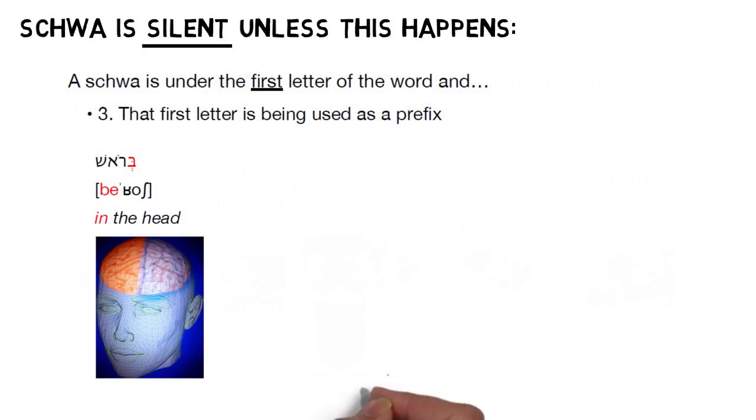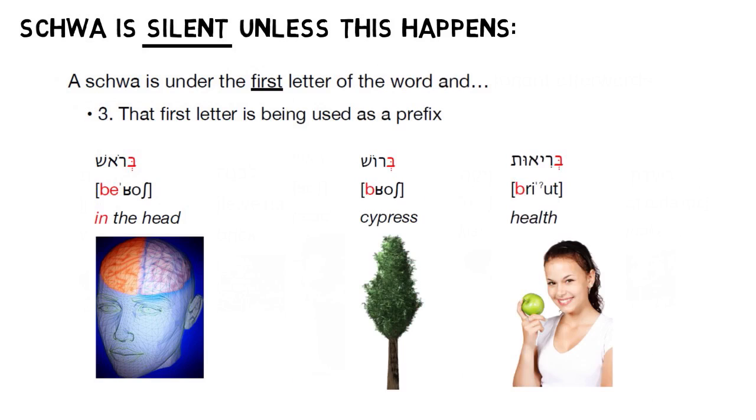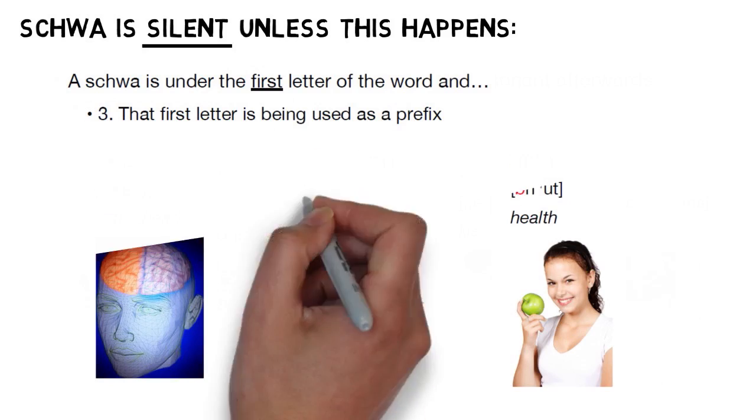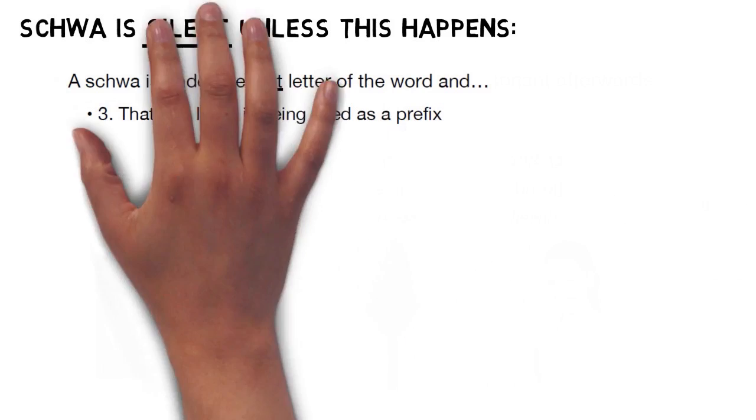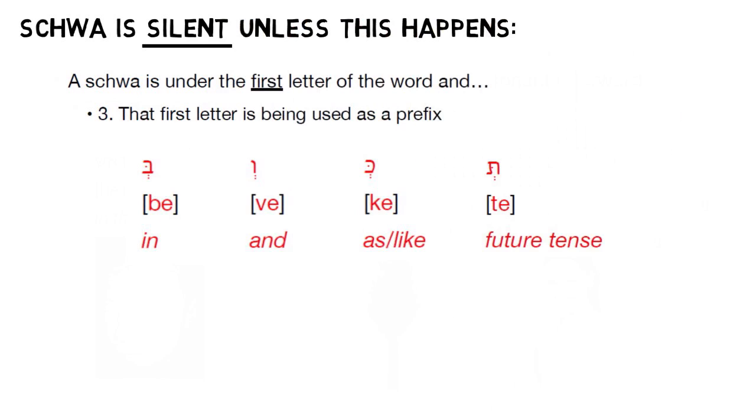And so category 3 is just a handful of letters that usually have a silent schwa, in words like brosh or briut. But if they're being used as grammatical prefixes, as in berosh, then you're going to pronounce that schwa. Category 3 prefixes include be, meaning in, ve, meaning and, ke, meaning as or like, and te, which is used to put verbs in the future tense.